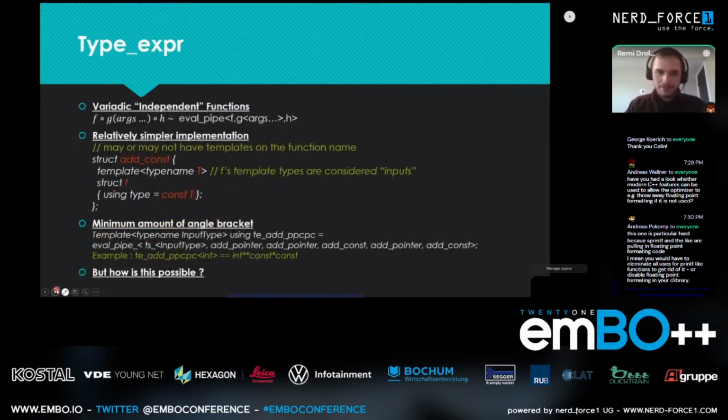Okay, so let's start the presentation of my library. So, like Kvasir, if I want to do f then g with some arguments, then h, well, I eval pipe f then g arguments and then h. That's it. There's no nesting except the arguments within g, but that's part of the deal with arguments of g.